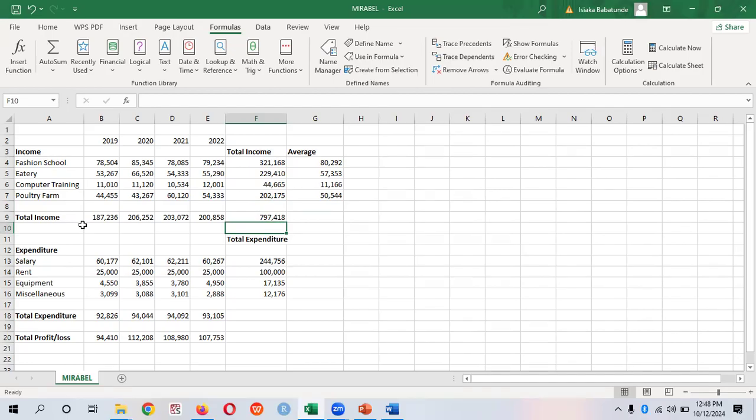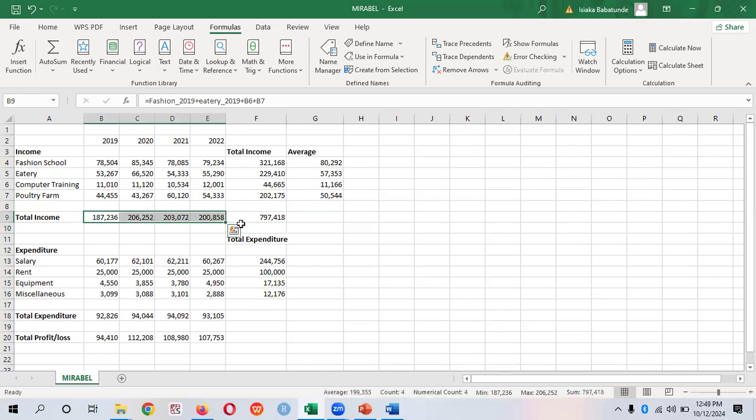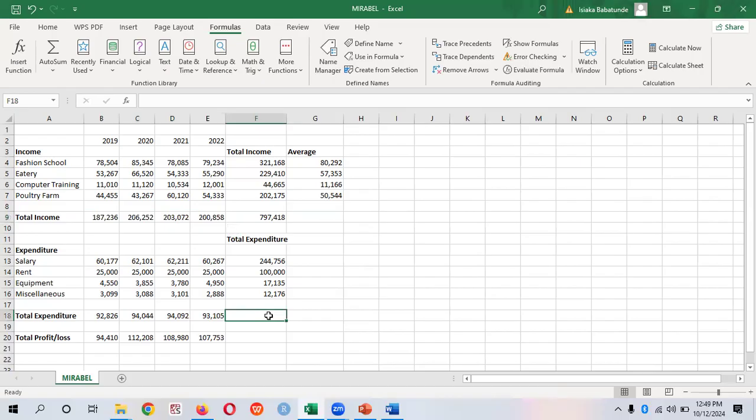So if you use these 4 values too, you get the same answer. So let's see the amount of money the company spent for the 4 years period. So we come here, equal sign, select this, plus this, plus this, plus this, then click enter. This is the amount of money the company spent over 4 years on expenditure. We can also find the total profit made in 4 years.